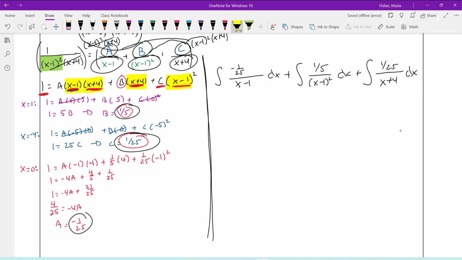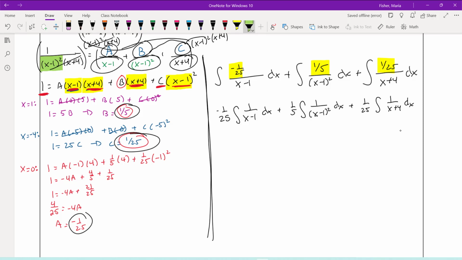Let's go ahead and factor out those constant multipliers. This becomes negative 1 over 25 times the integral of 1 over x minus 1 dx, plus 1 over 5 times the integral of 1 over (x minus 1) squared dx, plus 1 over 25 times the integral of 1 over x plus 4 dx.